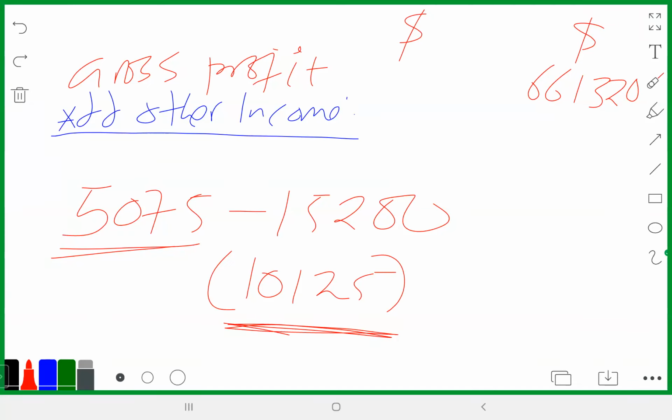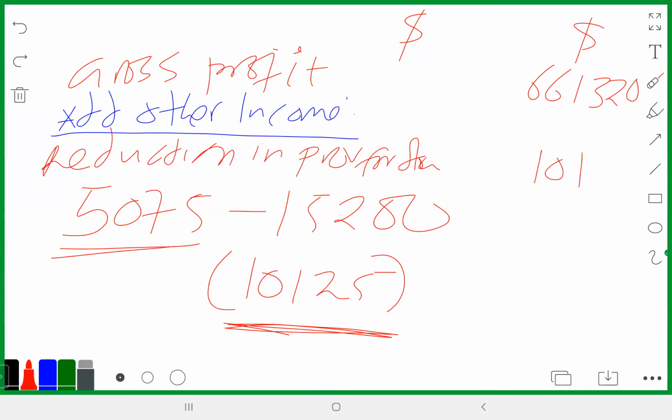Is that clear? That is an other income. So you record that reduction in provision for doubtful debt here, then you add it. Don't put it as negative now. You put it as a positive value. It's an addition.